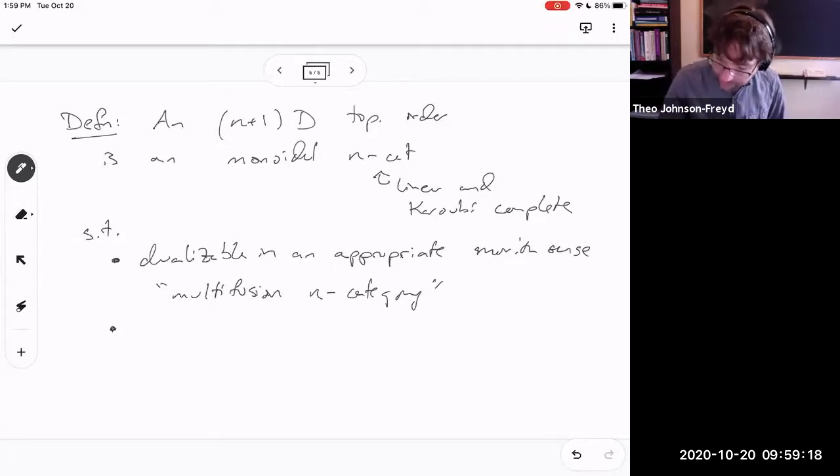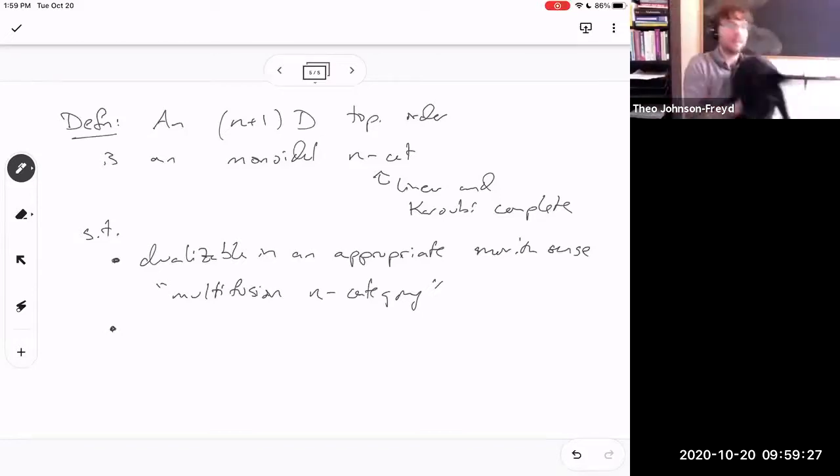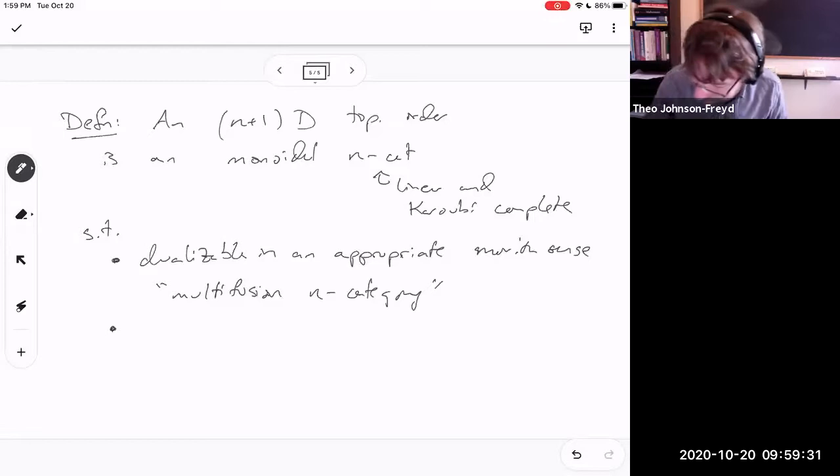And then the other axiom that I want to say is what's called remote detectability.